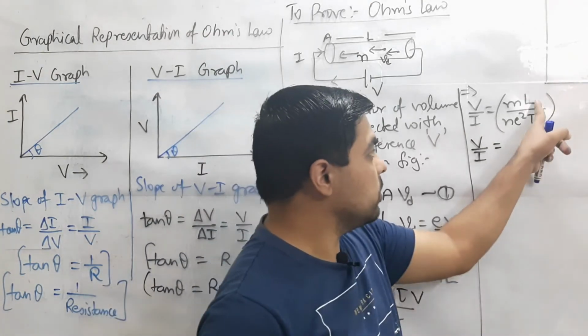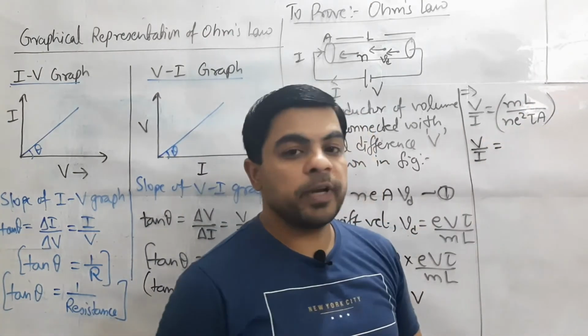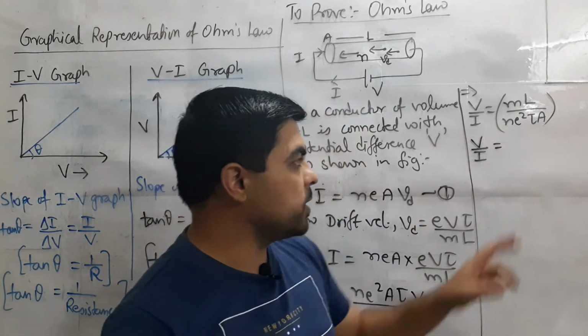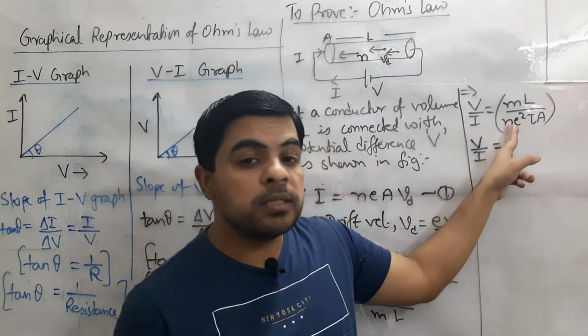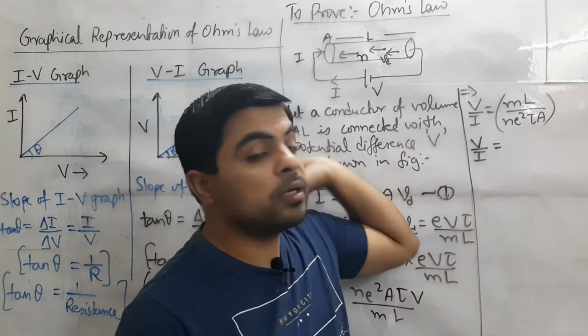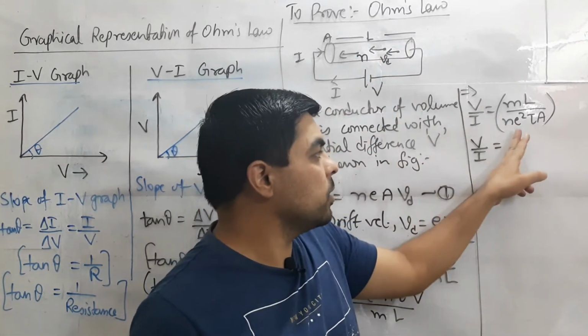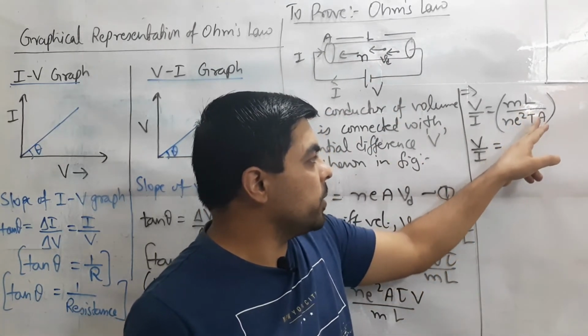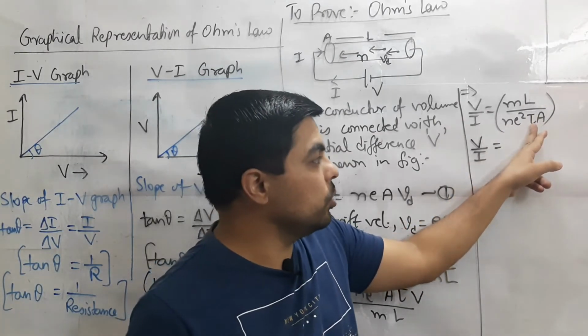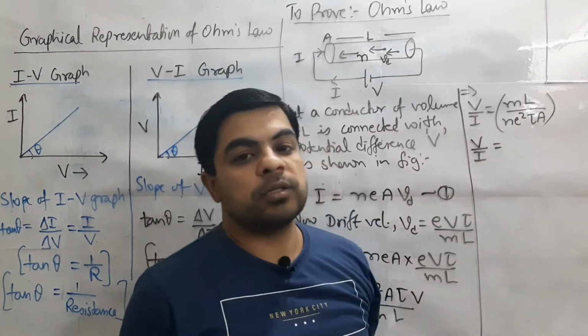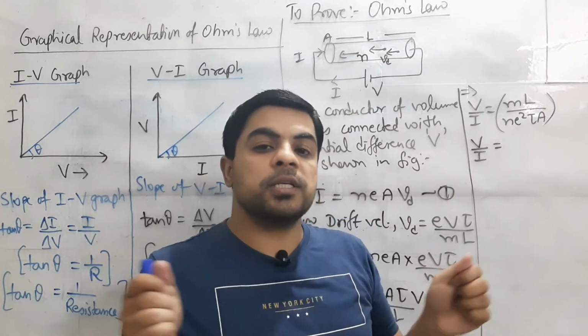See the factors: m is the mass of the electron, which is always constant. e is the charge of the electron, again constant. The value of n is the number density, which depends on the particular material, so it will also remain constant. The remaining factor is tau, which depends on temperature; we have already written that in a note. L and A, length and cross-section area, depend on stretching and compressing also.